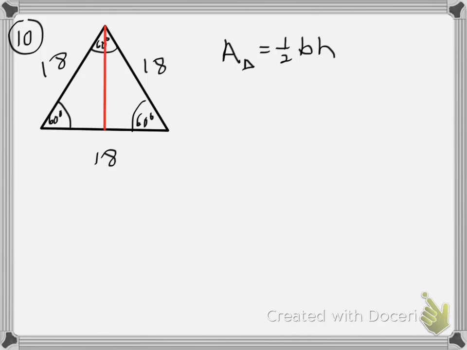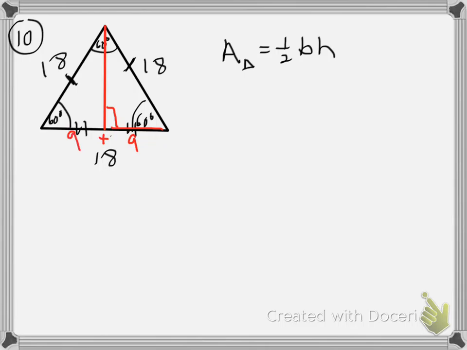There's the height. Now it turns out in an equilateral triangle, when you drop that height down, you cut this in half. So this piece equals this piece. The first piece is 9, and the second piece is 9, and together they equal 18.